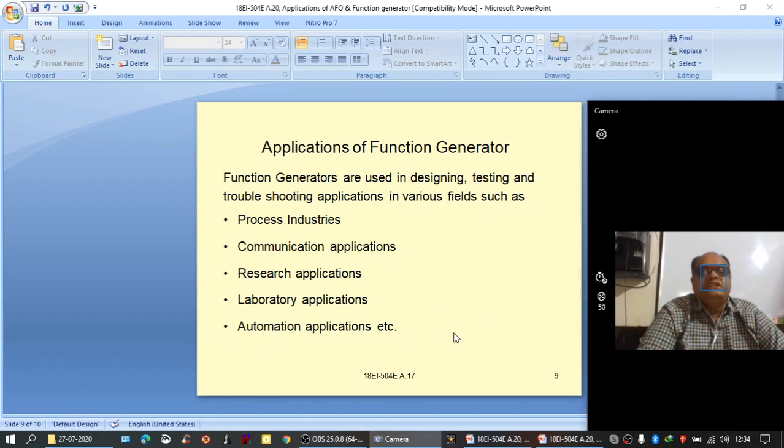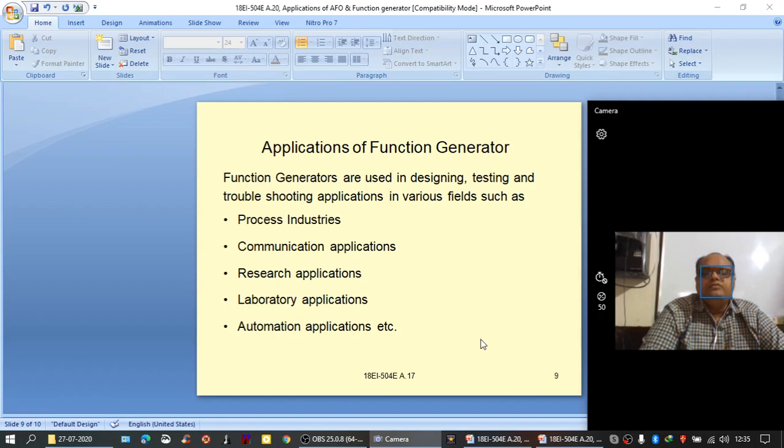And in automation applications also, in order to design an automation circuit, first we have to check the signal before using it in a practical application. Before using it in a practical application, first we have to check the automation circuit or automation unit.